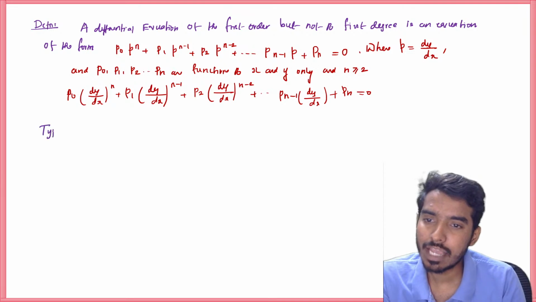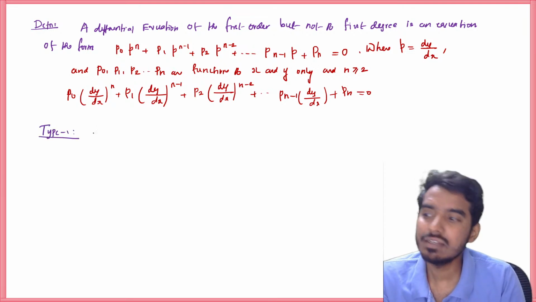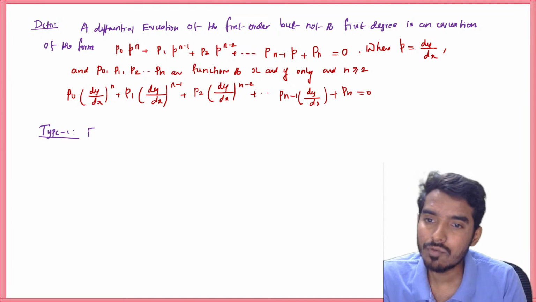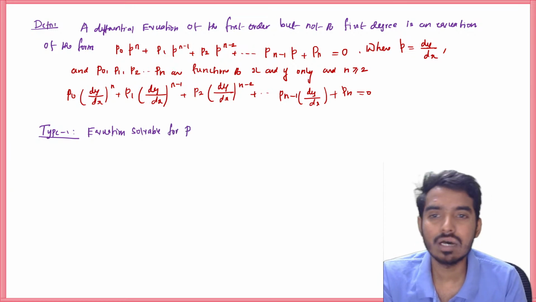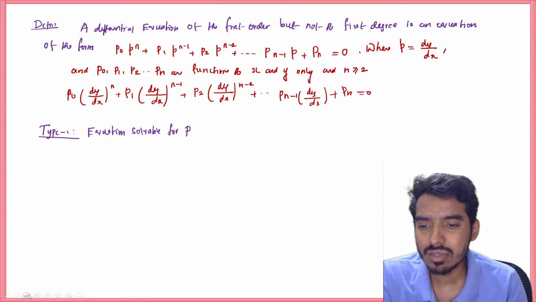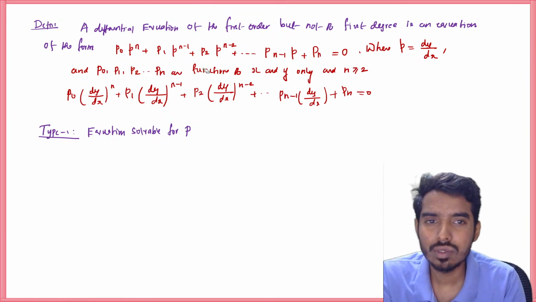The first is type 1. Type 1 is equation solvable for p. Or you can also take this to be capital P itself, right?